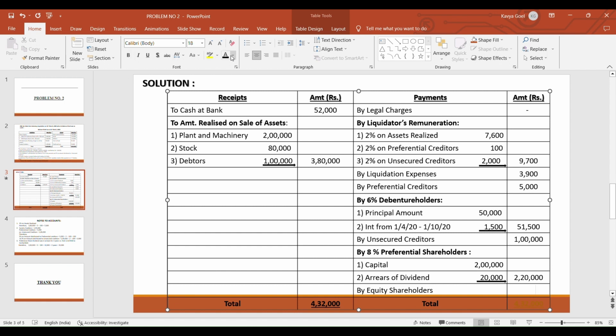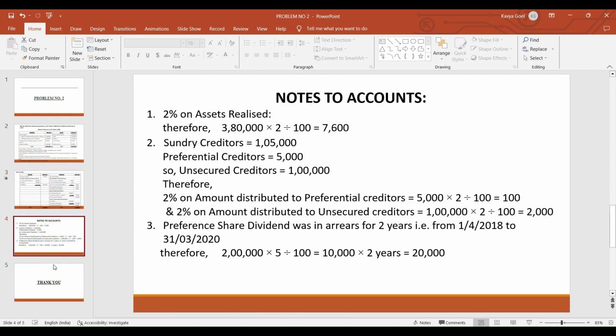After deducting all the payments, we will get the equity shareholders amount, which will be 41,900, and the total of all the payments will be the same as the receipt side, which is 4,32,000. If your receipts and payments are getting tallied, it means you have solved the sum correctly.